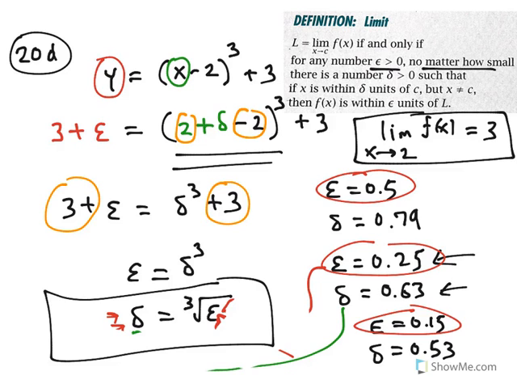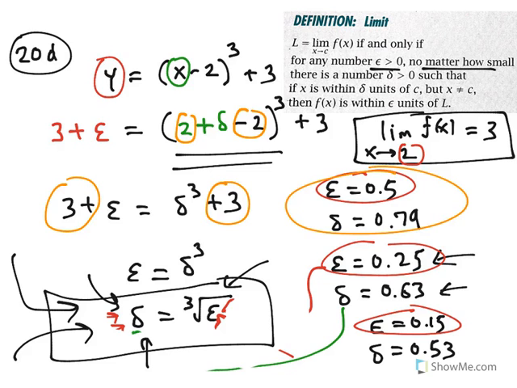For any epsilon greater than 0, no matter how small you choose epsilon to be, you will be able to find a value for delta by using this equation. Delta is equal to the cube root of epsilon, such that if x is within delta units of c, which in our problem is 2, but not equal to c, then y will be within epsilon units of L. And of course, we have 3 specific values of epsilon and 3 corresponding values of delta that we had also gotten from our prior work.